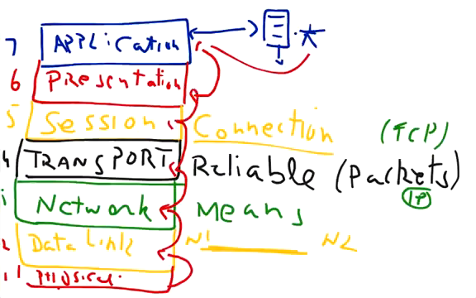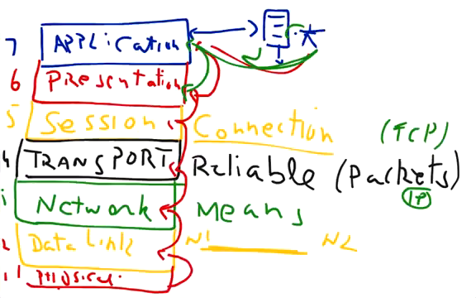On top of session layer, we have the presentation layer, and on the top we have the application layer, which communicates with our applications and us indirectly. So application layer is communicating with us, and presentation layer is communicating with the application layer. Session layer is communicating with presentation layer, and so on.